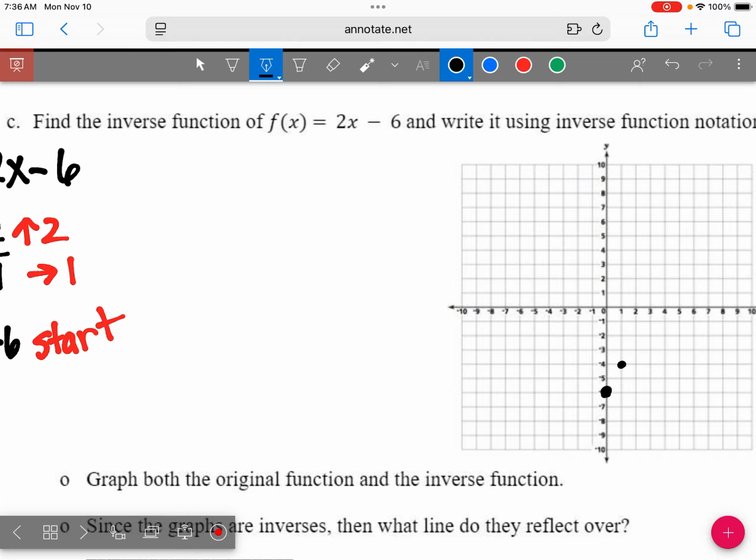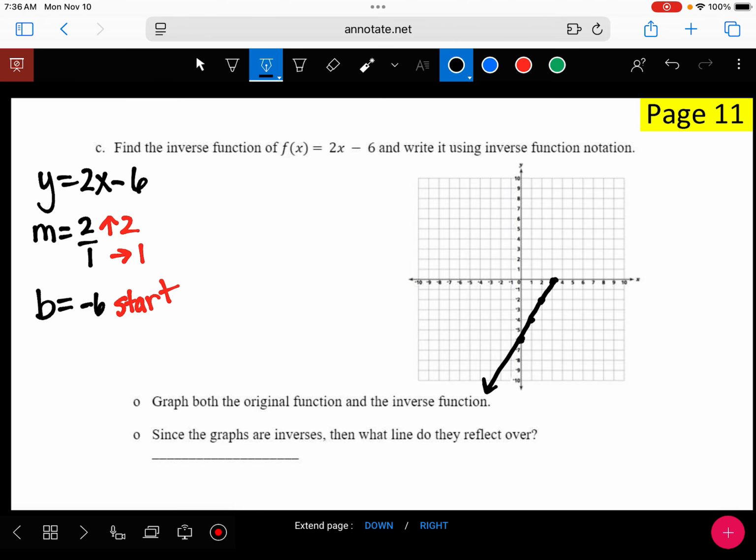Hop up 2 to the right 1, up 2 to the right 1, up 2 to the right 1. Go ahead and label that. That's your original.